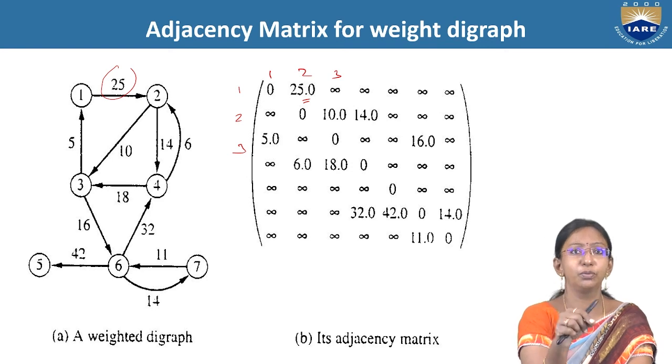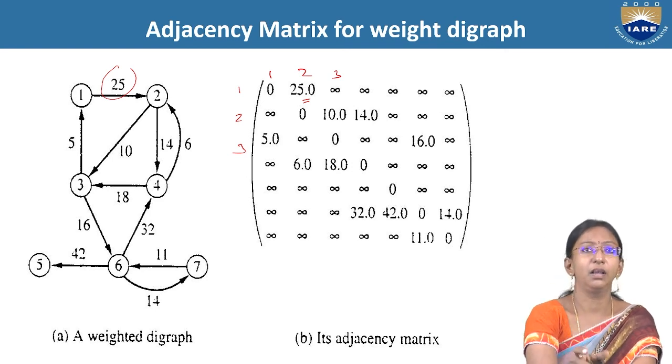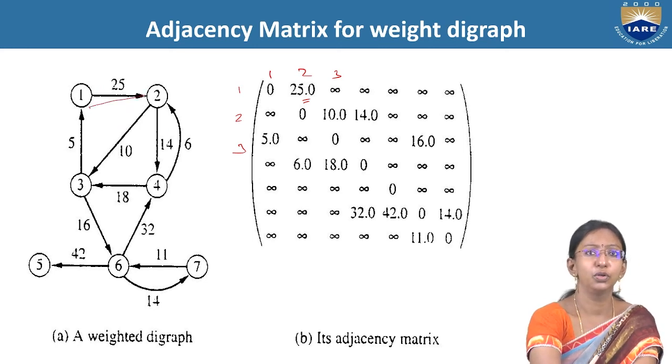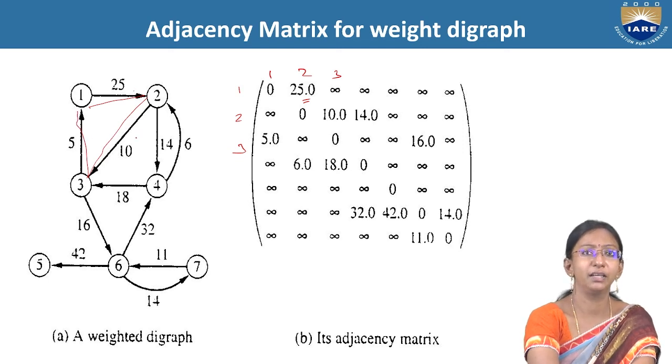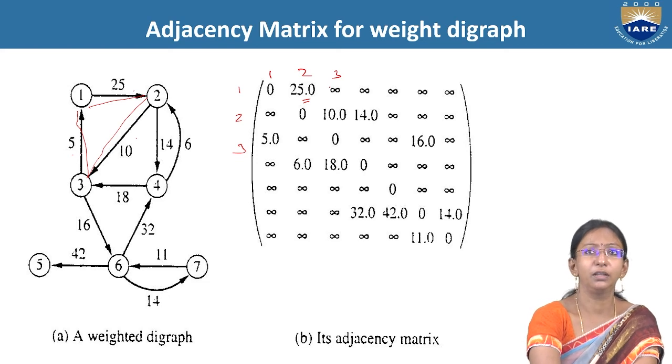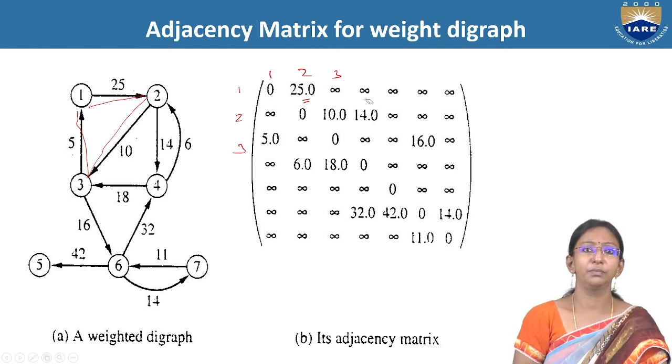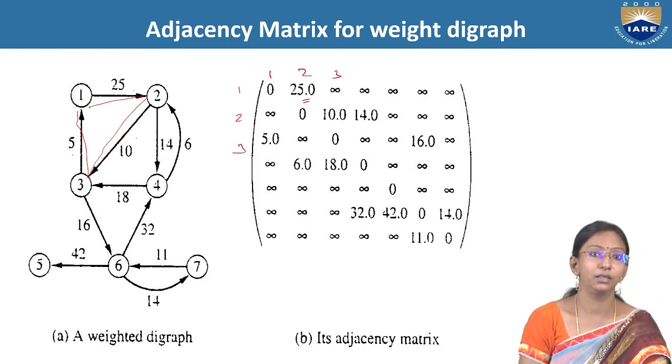But there is possibly a path. You can travel from 1 to 2, 2 to 3 and 3 to 1, which is 25 plus 10 plus 5, which is 40. You can fill in this infinite with 40 in the future. But right now, the adjacency matrix will be filled with the direct values, so I have taken infinite.